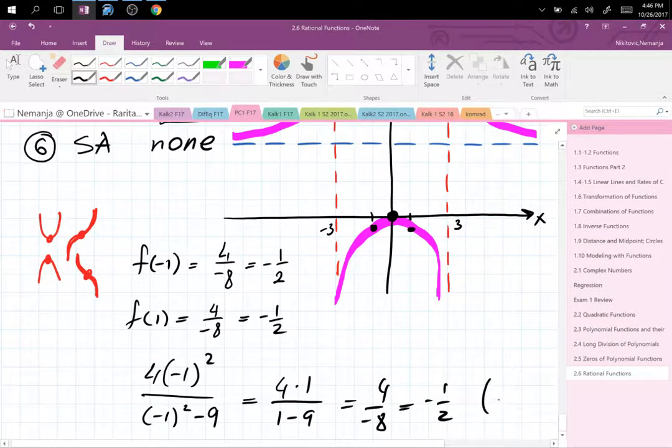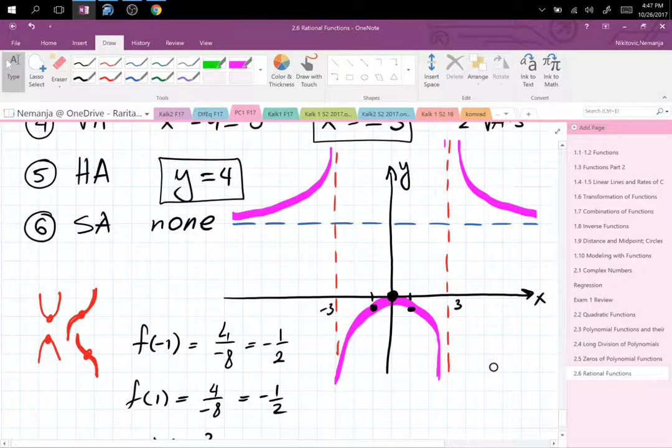So I have a point, negative 1, negative 1/2. That's this point here, below the x-axis. For the other one, when you lose the minus signs, because everything was squared, you get the same numbers. So now we see that all of these values are below, and that's the shape. This is the function.